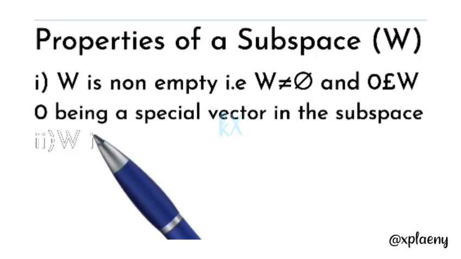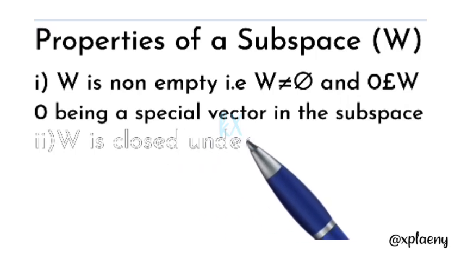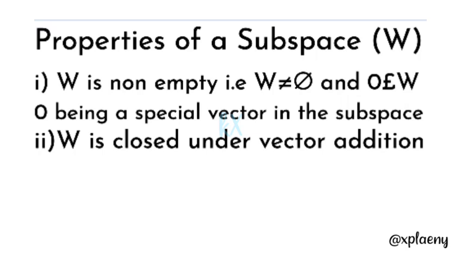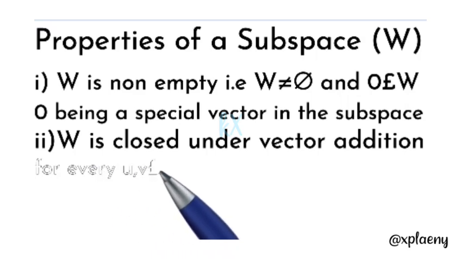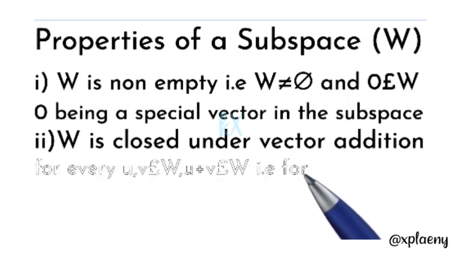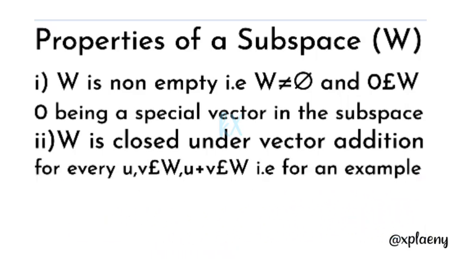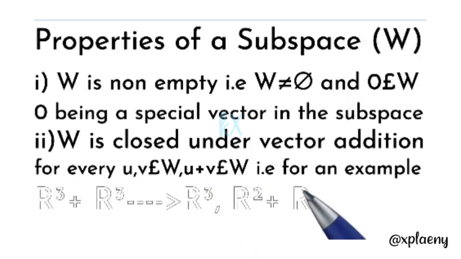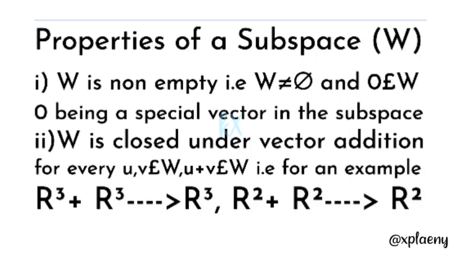So let's proceed to the second one. This second one says our subspace W is closed under vector addition. That is, for every u, v in W, or u, w in W, any letters we can use, we also have that u plus w is also in W, or u plus v is also in W. Big W this time around.